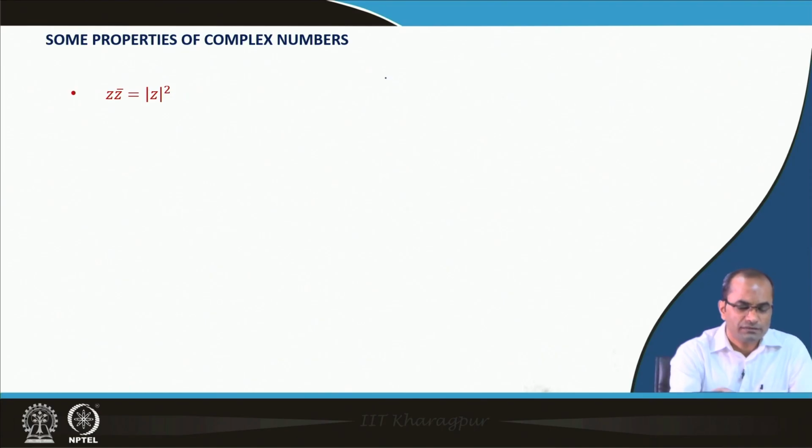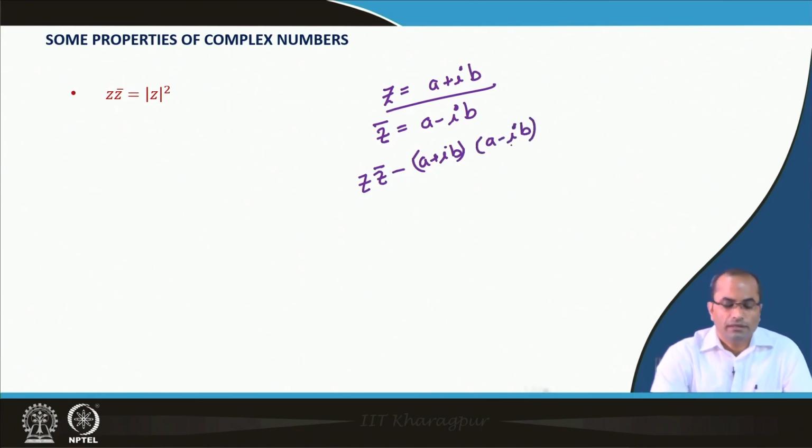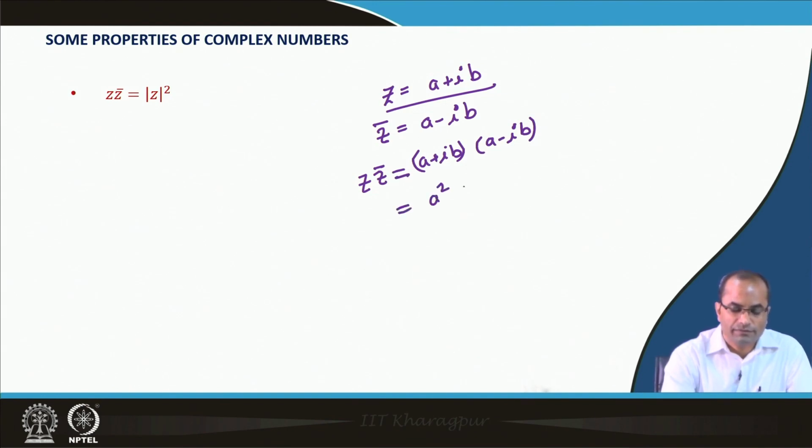This can be easily seen if we take z equal to a plus I b, for instance, and z bar equal to a minus I b. The product is a plus I b times a minus I b, which gives a square minus I b whole square.